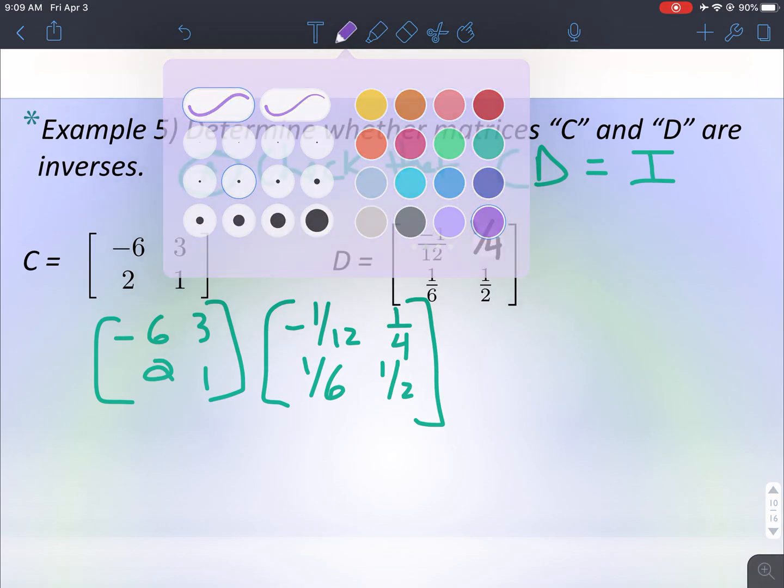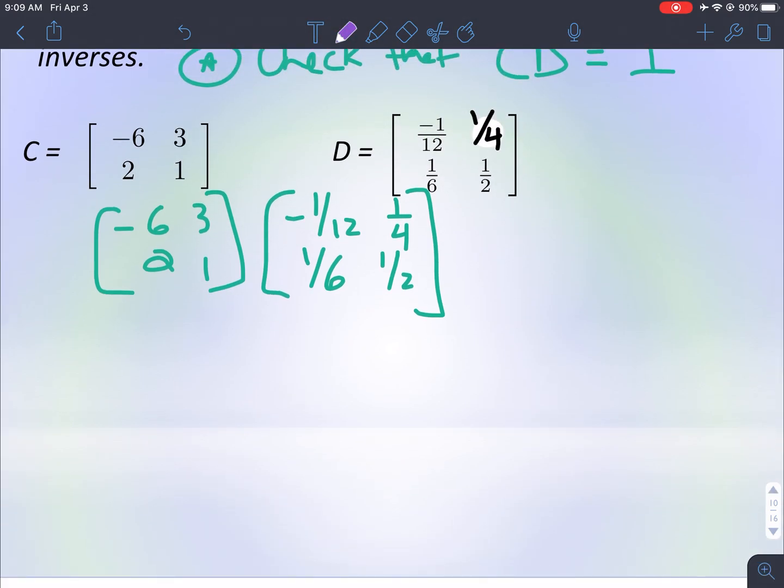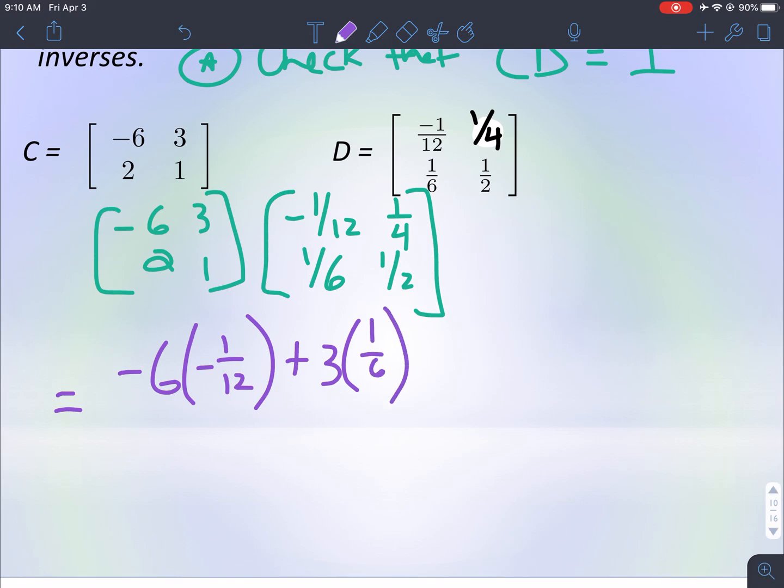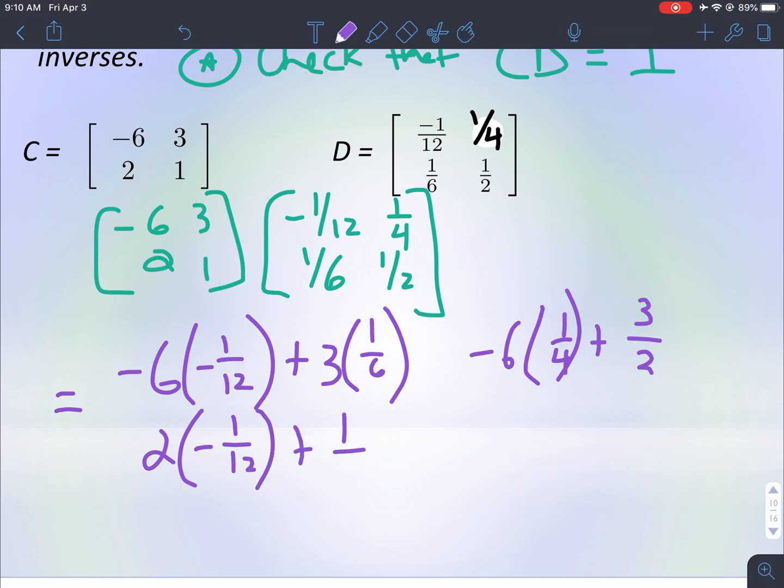All right, here we go. If I multiply these two matrices together, I will have 6 times negative 1/12 plus 3 times 1/6. The next entry, negative 6 times 1/4 plus 3/2. And then the third entry, in the second row, first column, 2 times negative 1/12 plus 1/6.